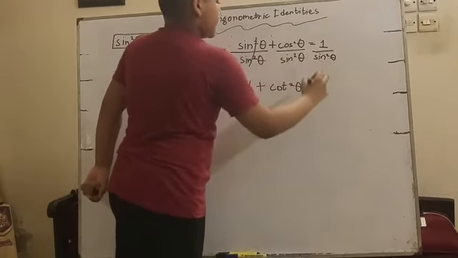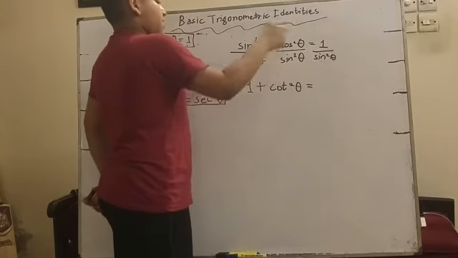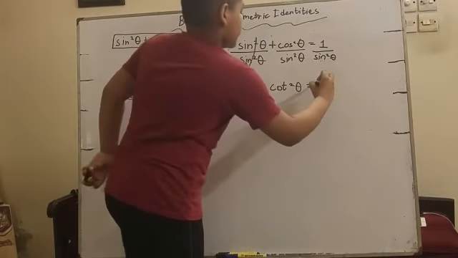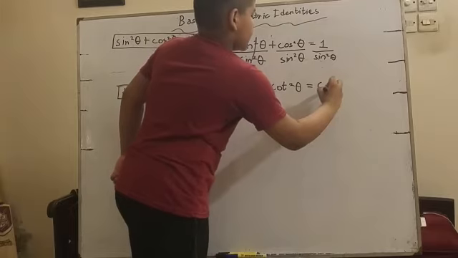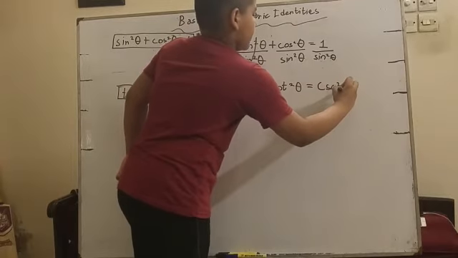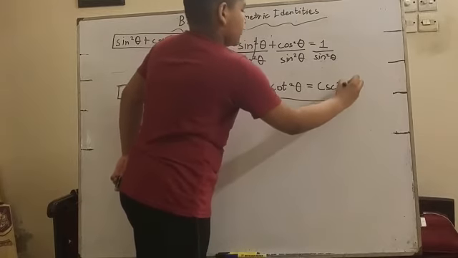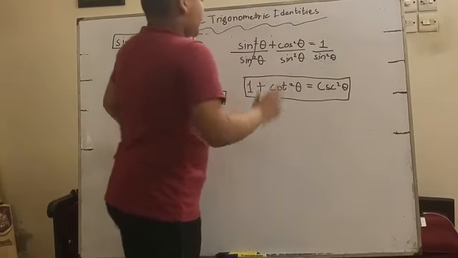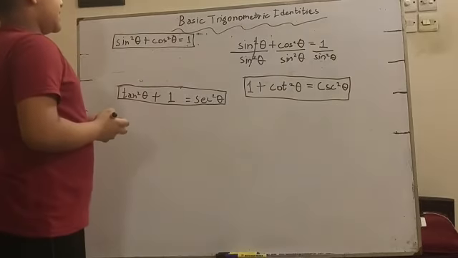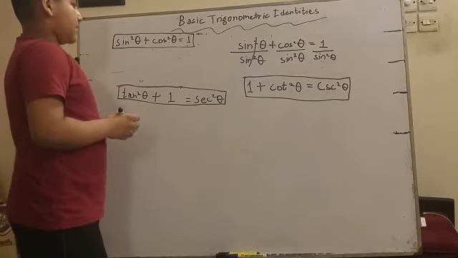And this, since the reciprocal of sine is cosecant, will be cosecant squared theta. So here is the third Pythagorean identity down. So these are the Pythagorean identities.